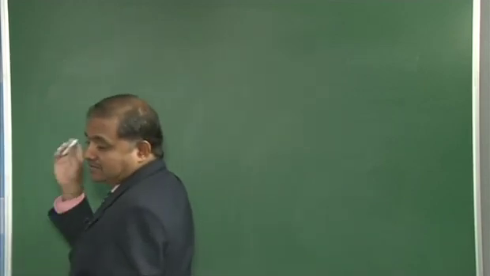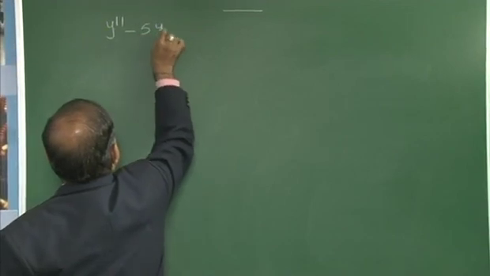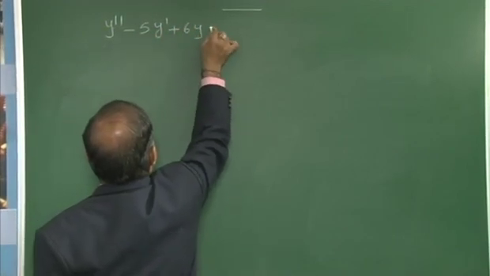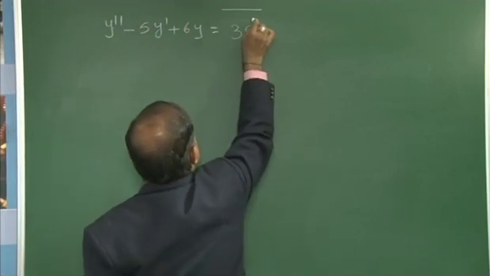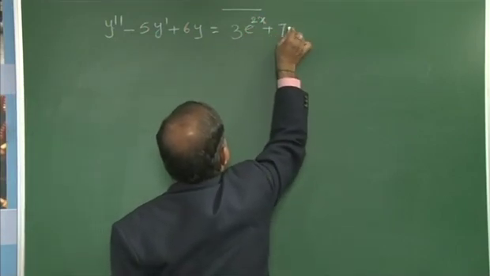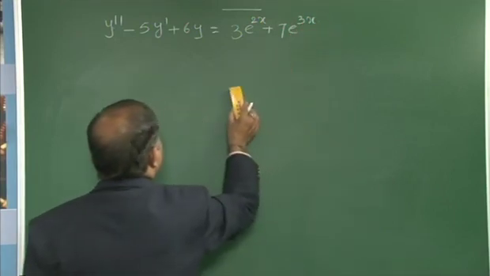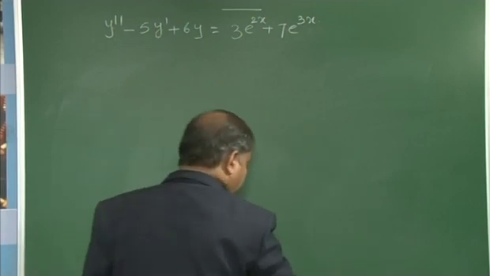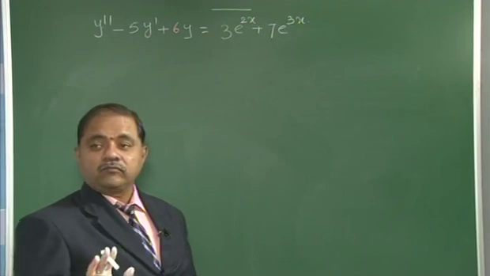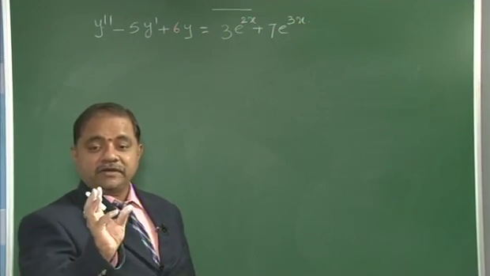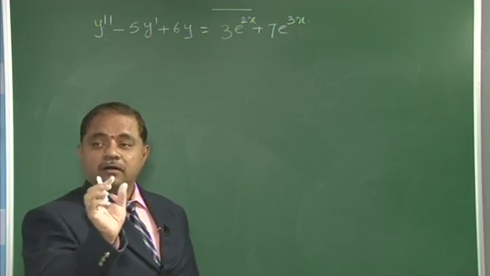Say I am taking one example: y double dash minus 5y dash plus 6y. There may be 2 functions on the right hand side, 3 e power 2x, 7 e power 3x. That is, you have to find particular integral 1 and particular integral 2. It is not type 4 product, it is type 1. In type 1 there may be 2 functions.